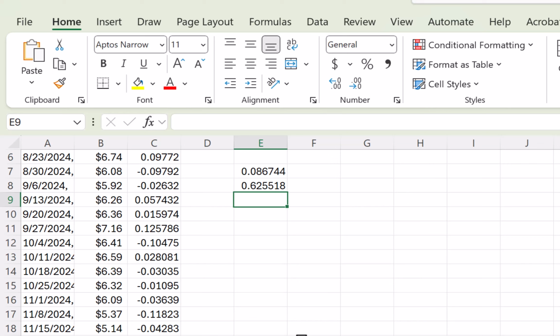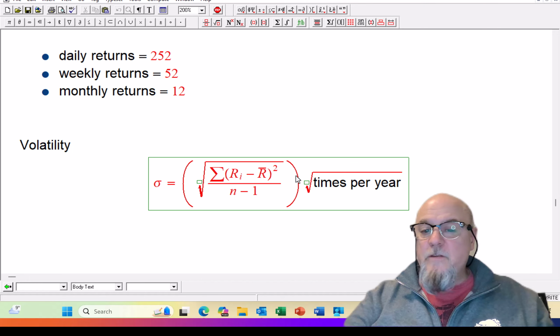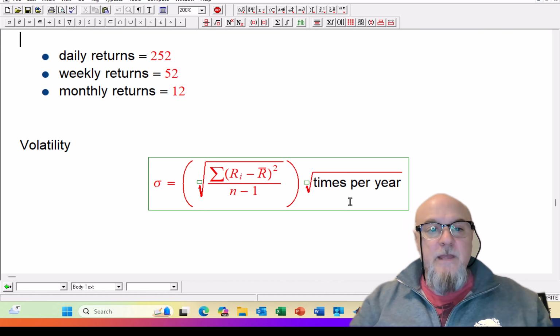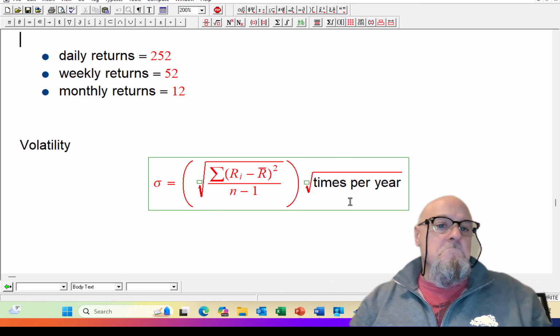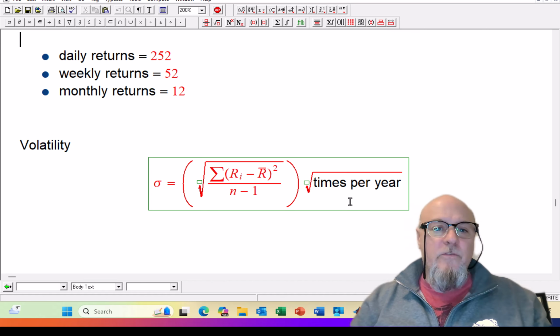Using weekly data, it's less jumpy. Well, the number indicates it's less jumpy. Our techniques were correct: apply the standard deviation of return times the square root of the number of times per year. We're getting different numbers because we're using different data. So don't be surprised when different people give different answers for what's the drift and what's the volatility.